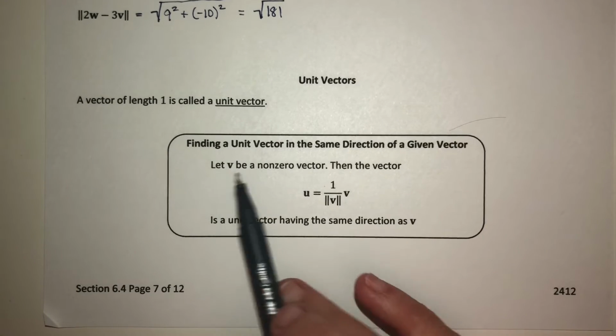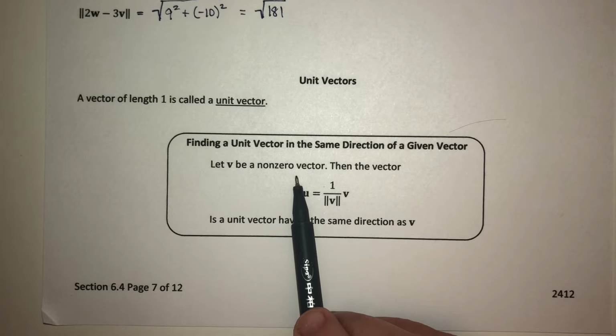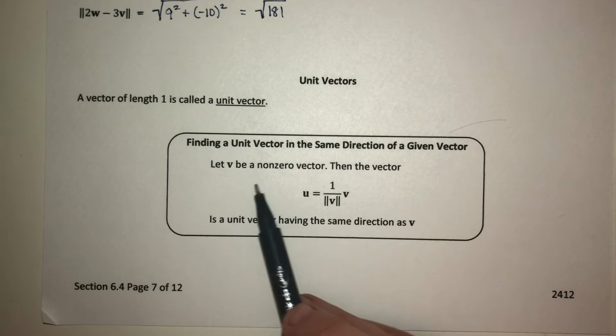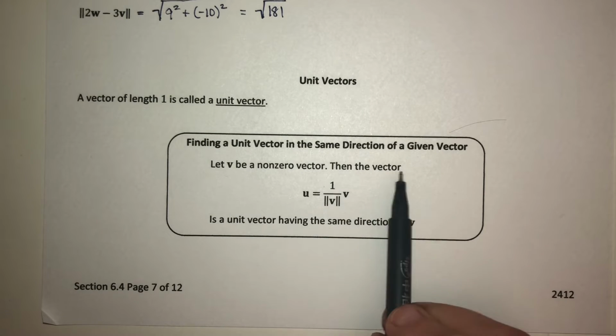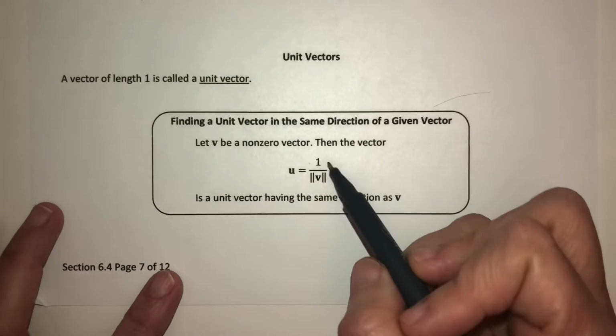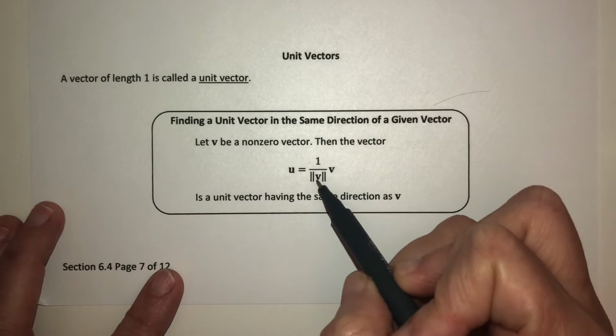If v is a non-zero vector, okay, so we want it to have some sort of length, we can't do anything with a zero vector. You can't turn a zero vector into a unit vector. But then the unit vector, u, is equivalent to 1 over the magnitude of v.